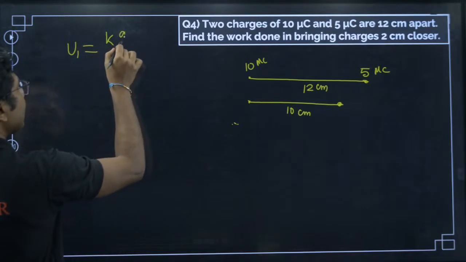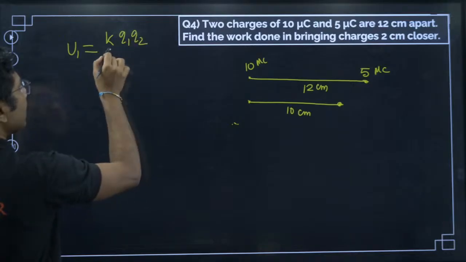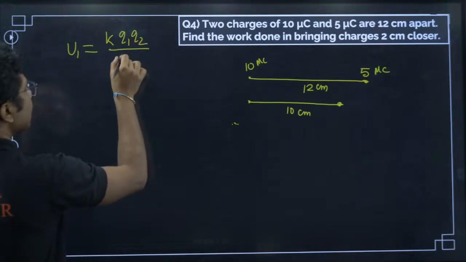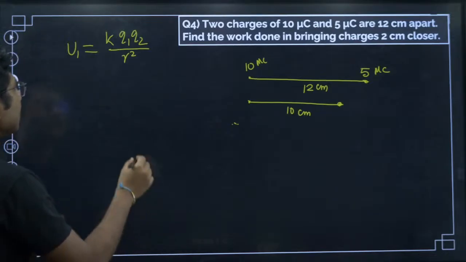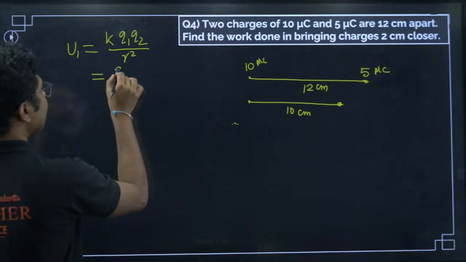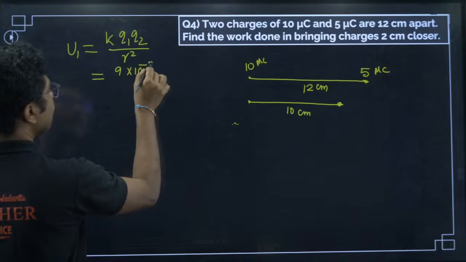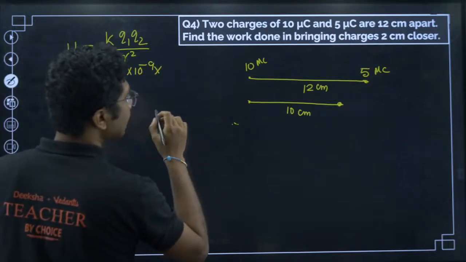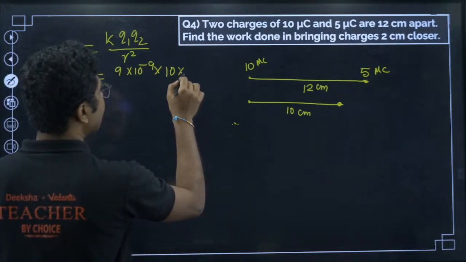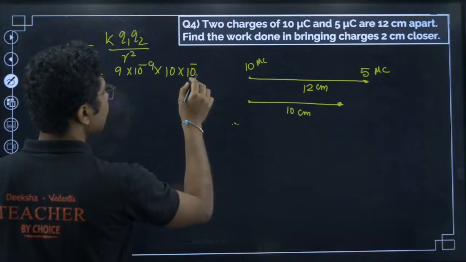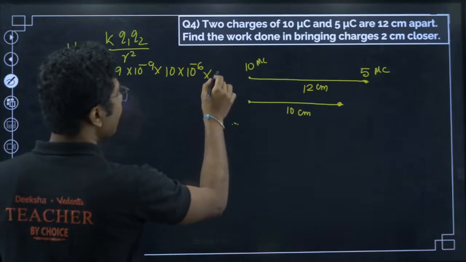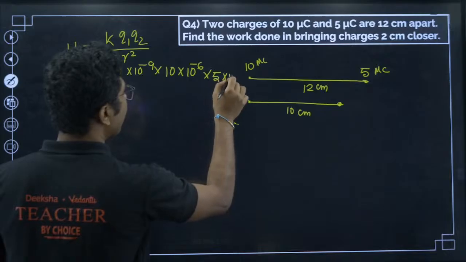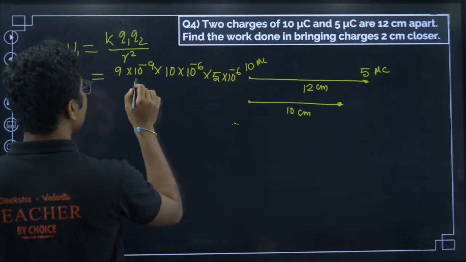Initial potential energy is K Q1 Q2 by the distance square. So what is K? K is 9 into 10 to the power of minus 9. Q1 is 10 microcoulomb, that is 10 into 10 to the power of minus 6, and Q2 is 5 microcoulomb, that is 5 into 10 to the power of minus 6.